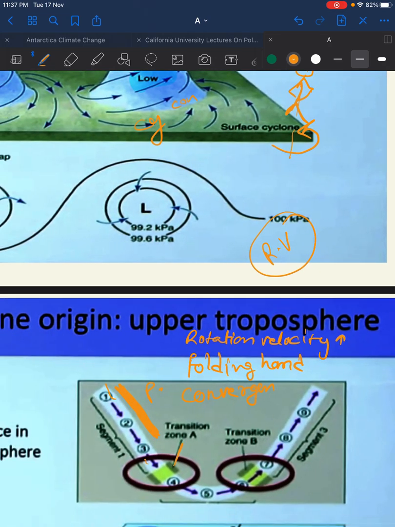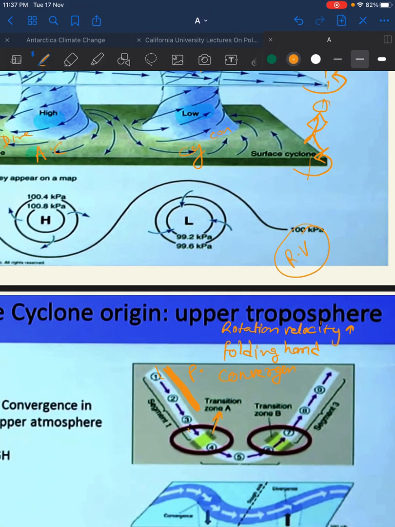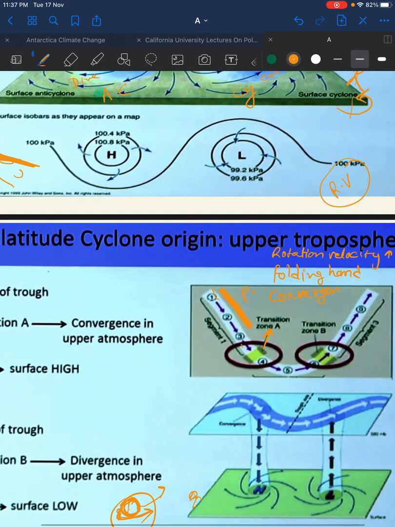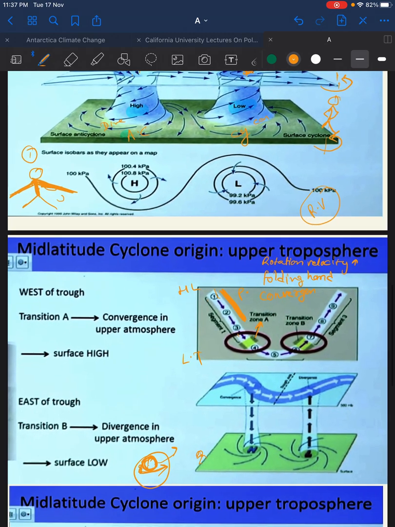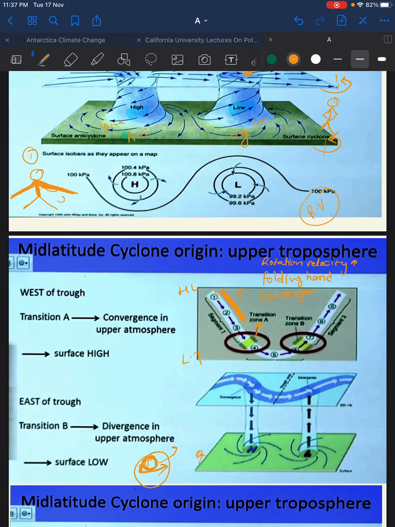Is this clear? So at this point A, let's see. Since this is moving towards a low latitude, this is your high latitude, and this is your low latitude. Say this is a jet stream, moving from this point to this point.